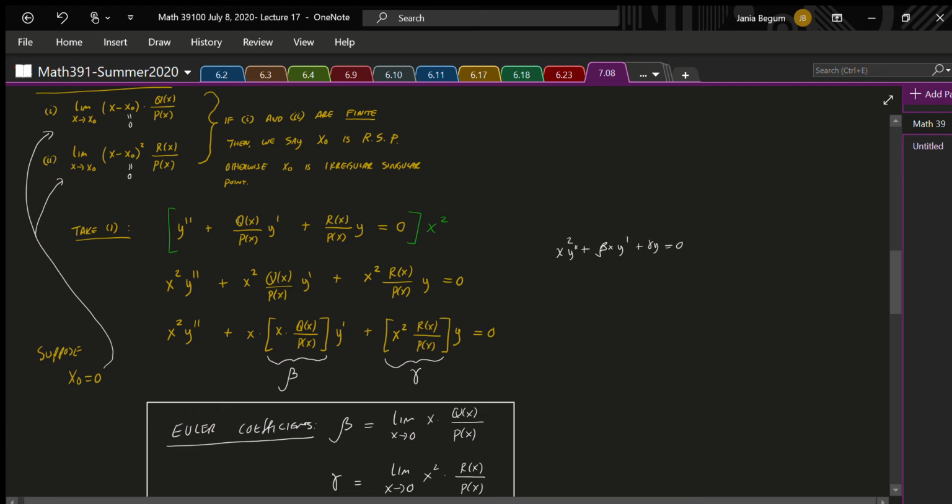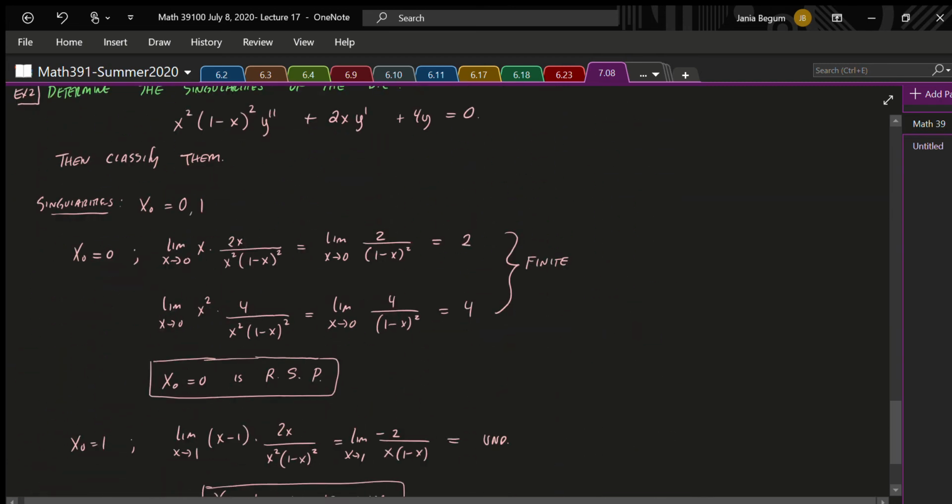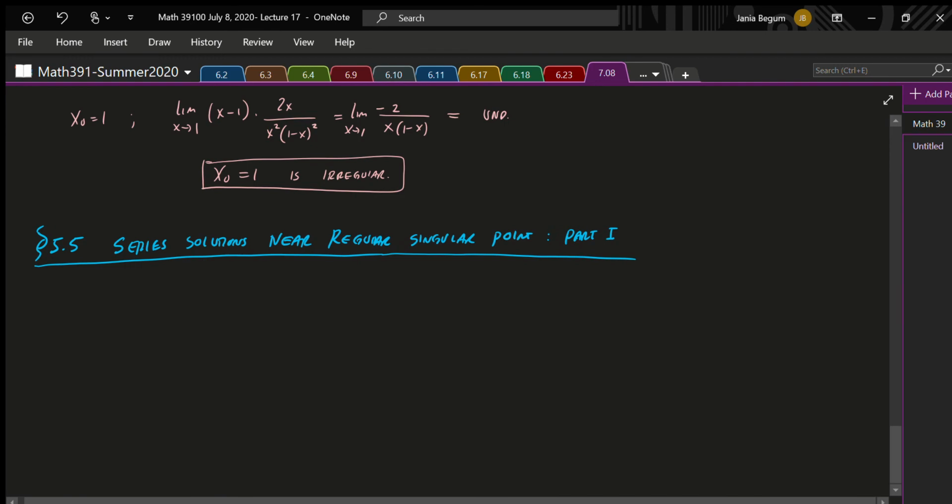Once these limits are finite, they're the corresponding Euler coefficients for the Euler equation. And once you have the Euler equation, you can write out the indicial equation. From there, we can get the roots r1 and r2 for our specific solution. So that's the idea we want to carry over to 5.5.